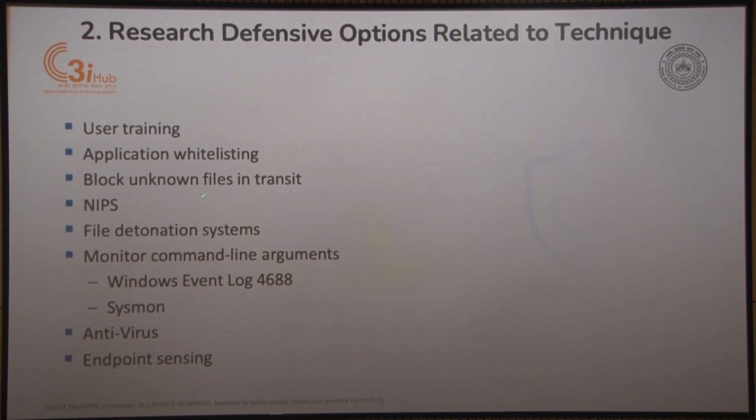Then application whitelisting: what needs to get executed, we restrict the domain of that, so only whitelisted applications should be executed in the victim environment. Then blocking unknown files in transit: if unknown files are in transit in the network communication, one can block that. Then implementing NIPS, the network intrusion prevention system, and a file detonation system: if any suspicious file comes to the victim machine, it needs to be analyzed first in a sandbox environment.